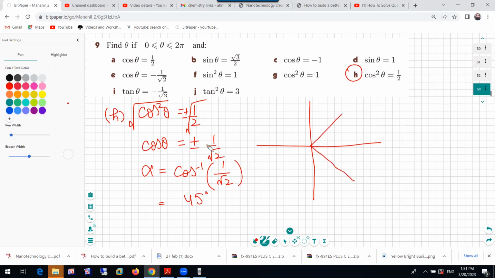What about negative cos? Negative cos exists in the second and third quadrant, right? The blue lines are for the negative value of cos, and red for the positive value of cos, right? So these angles are obviously 45 degrees each.